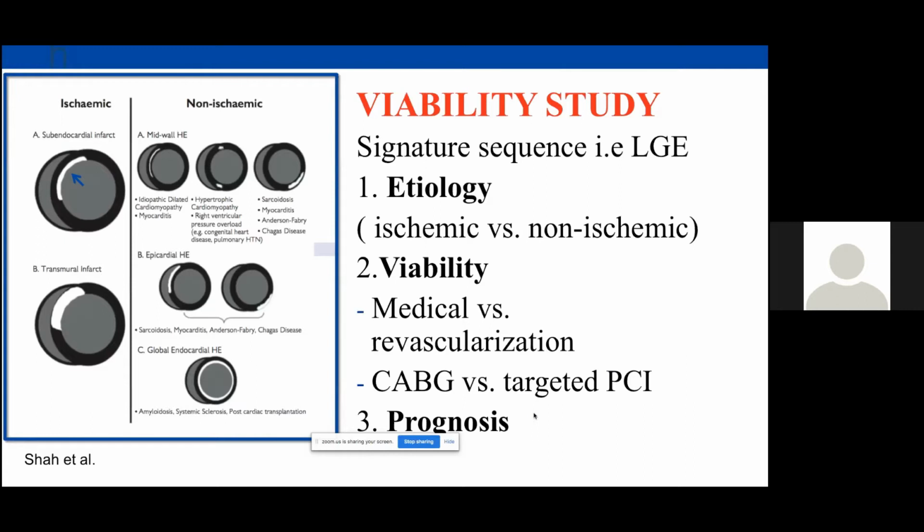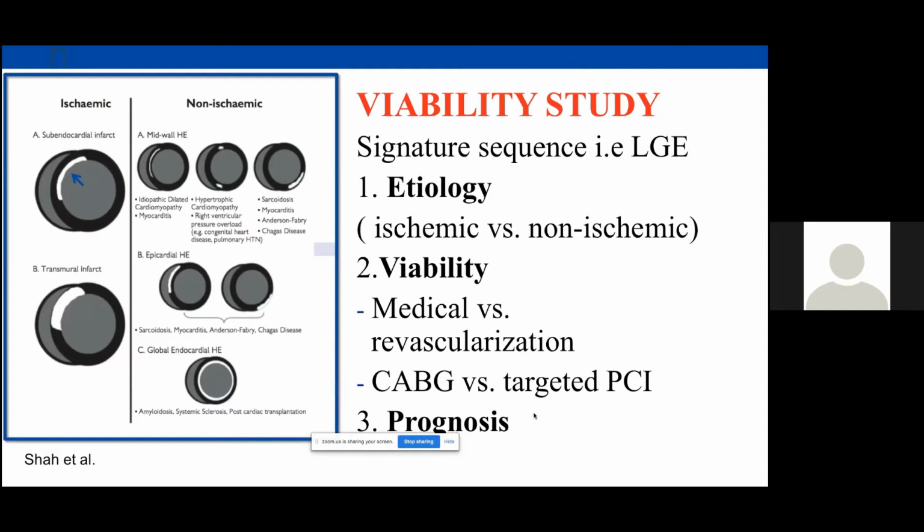In this sequence, the gadolinium, which is the contrast used, is retained in the extracellular space when there is myocardial disease such as infarct, fibrosis, or edema. And those areas will look bright and enhanced on the images.